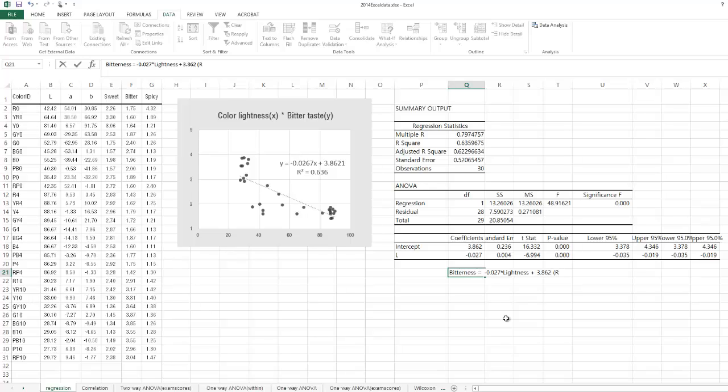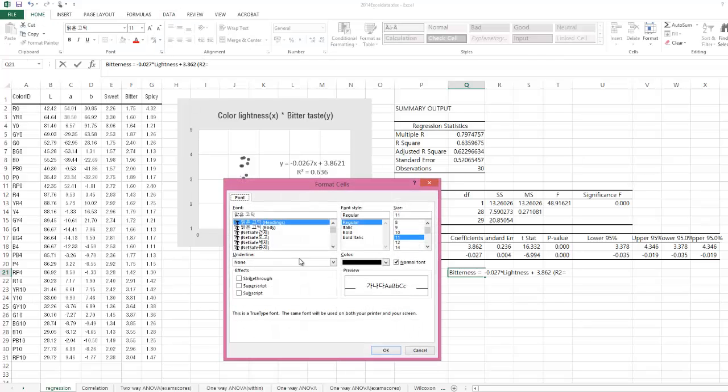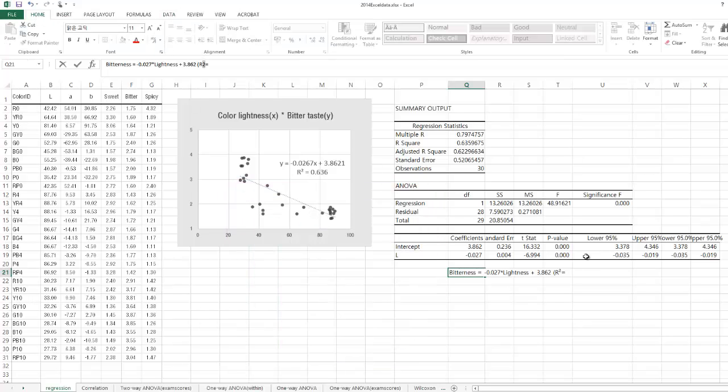And then this explains R square, which is 0.636.